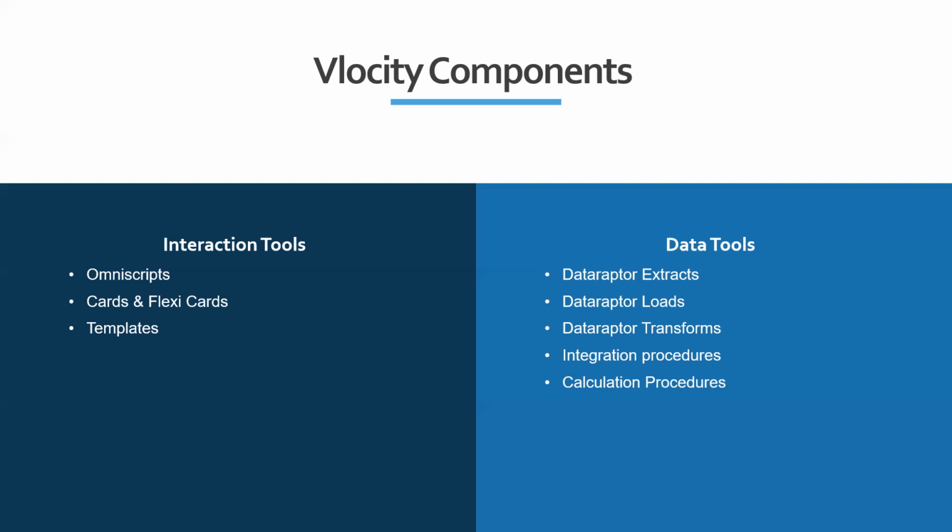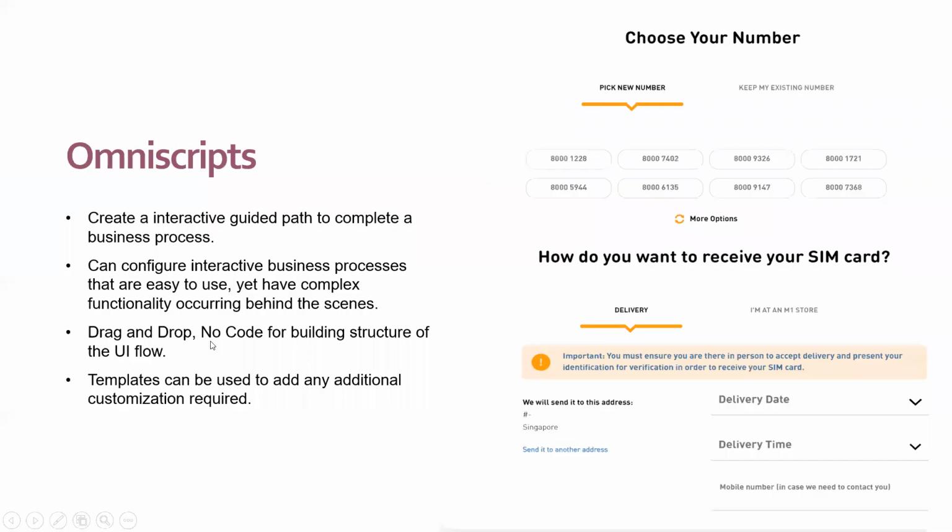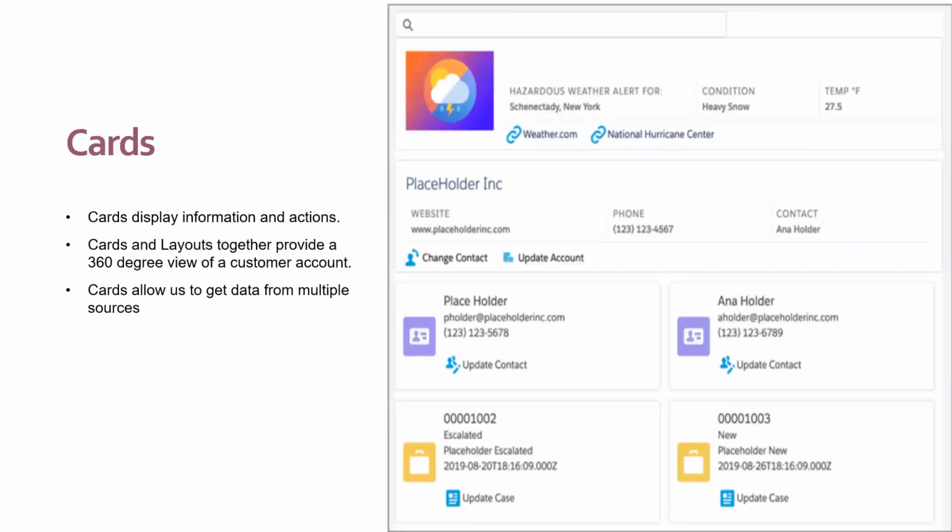Okay, guys. Now after Omniscripts, I will be discussing something about cards. Cards provide a 360-degree view of a customer account. How can it display that? Cards have a component called data source, where you can give a separate data source for each card.